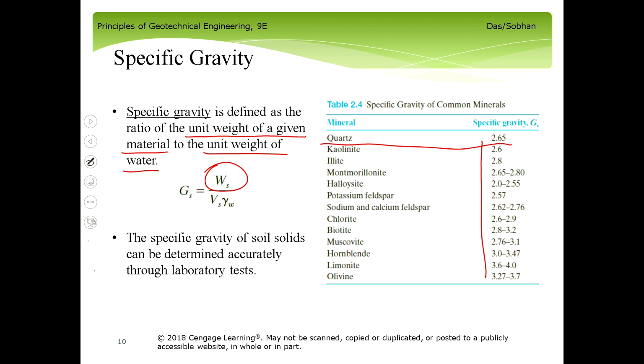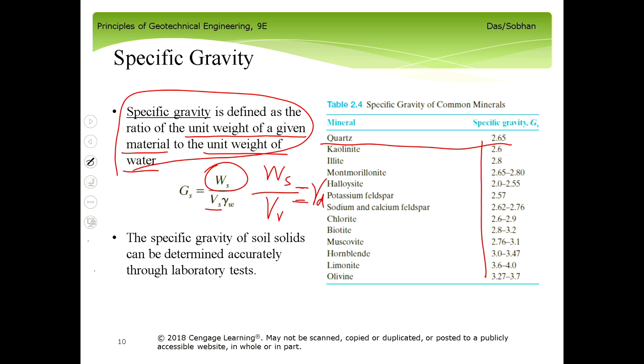So this is why we use Vs. Because Ws divided by Vs, what is this? This is the dry unit weight, right? The ratio between the dry unit weight and the unit weight of water gives you the specific gravity. It is the same as the definition in words here, because we compared the same volume of this material and water.